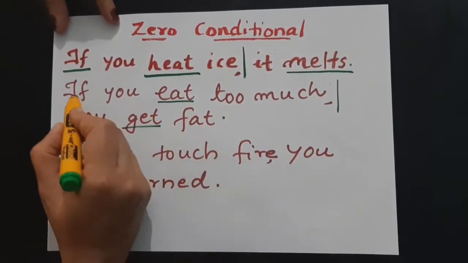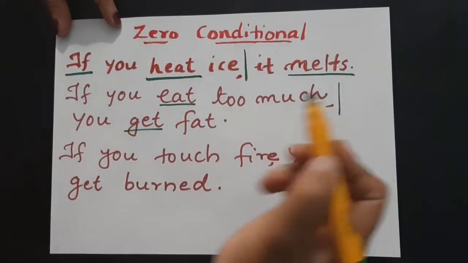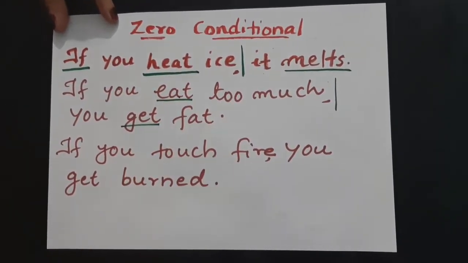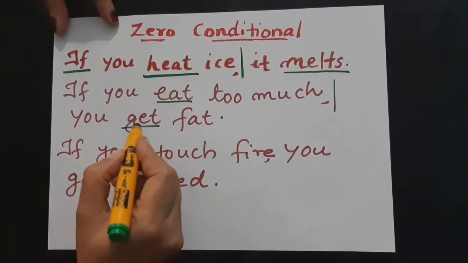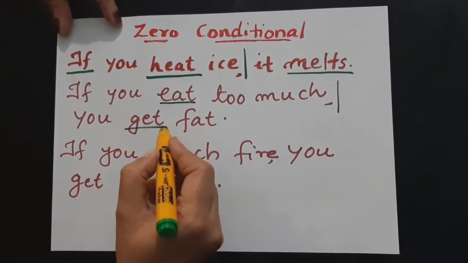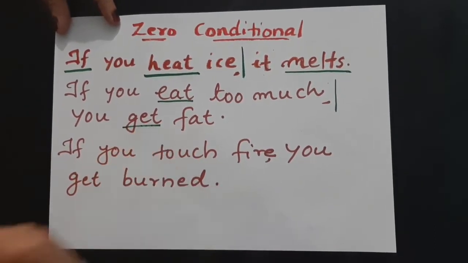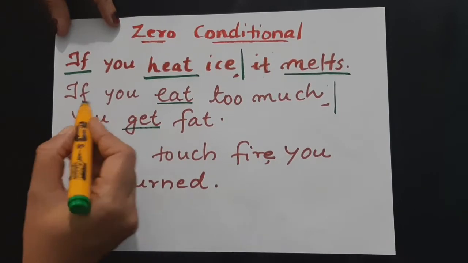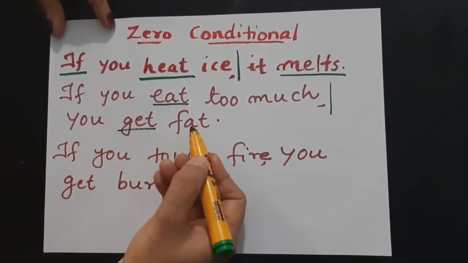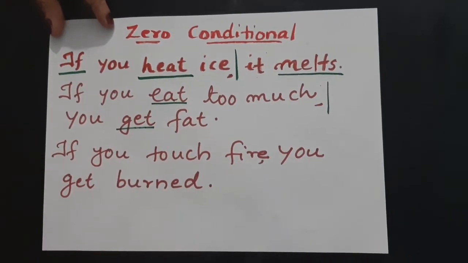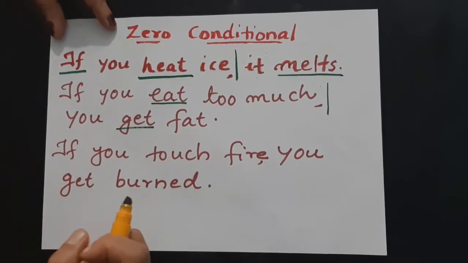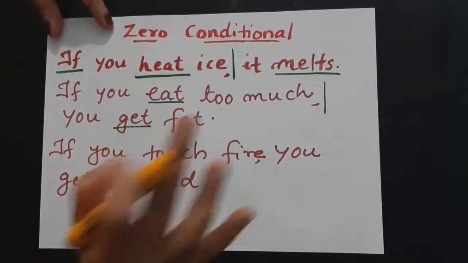In the if clause, you have the verb in its present form, eat, and in the main clause, the result clause too, you have the verb in its present form. If you eat too much, you get fat. So this is also something that tells about a general truth.